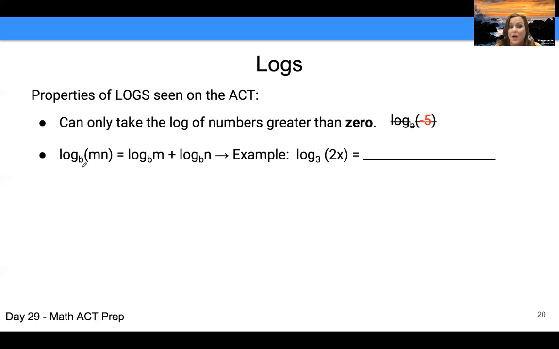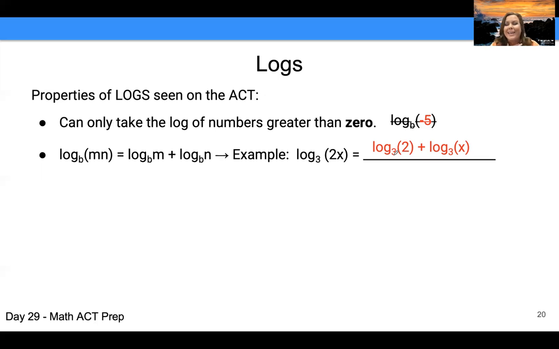Sometimes we will have a log where it is, let's say this is 2 times x, like our example here. You can split that out to be log base b of the first number plus log base b of the second. Here's the example. We've got 3 to the x times 2. I'm not going to be able to find the log of 3 to the x, but I can find log base 3 of 2. 3 to what power equals 2?